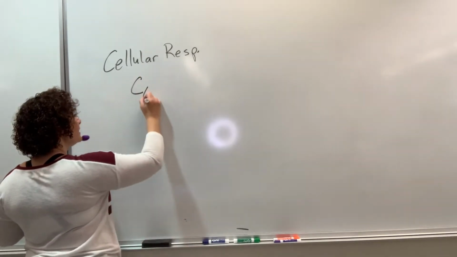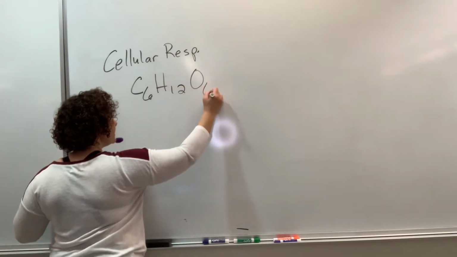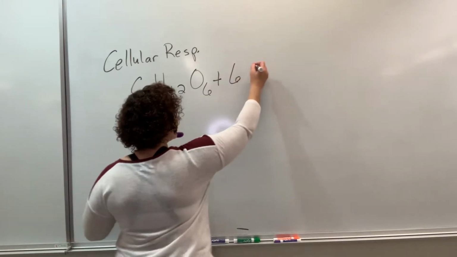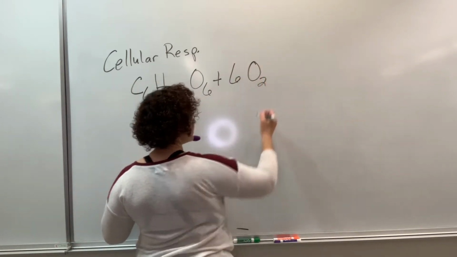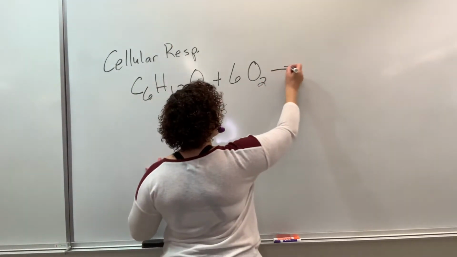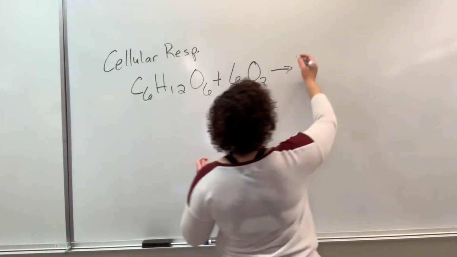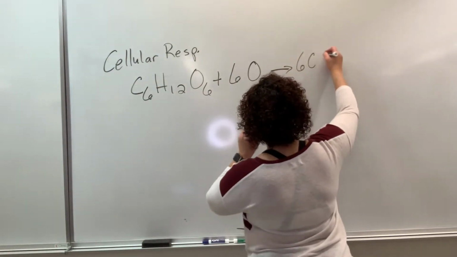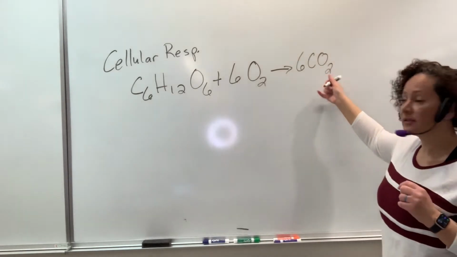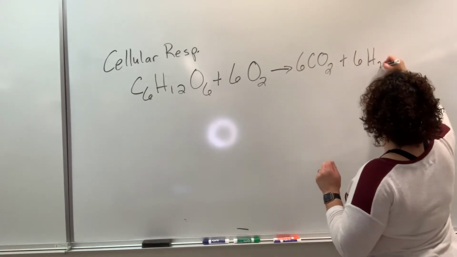So C6H12O6 plus 6 oxygen molecules, O2 molecules, okay, is going to yield waste, and the waste that is going to yield is carbon dioxide, specifically 6 CO2s. So that's 6 carbon dioxide molecules. Okay. It's also going to yield 6 water molecules.